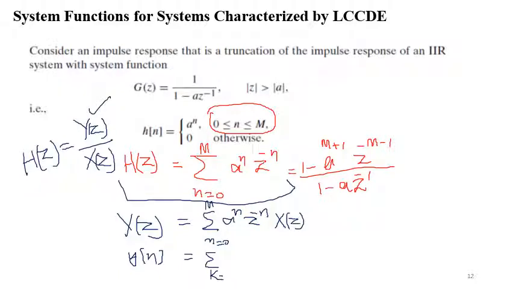So we can say that the summation k running from 0 up to M, and this will become a to the power k, and basically this one represents the shift or the delay. So we can write x of n minus k.